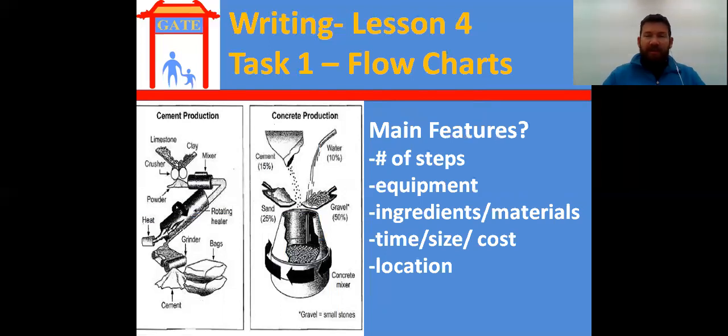So again, I just use that expression. Before we look at this process in detail, we can see that cement production has 5 main steps, which is much more, but only 2 ingredients, while concrete production has 4 ingredients, but only 2 steps. Something like that. It's actually pretty easy to do.